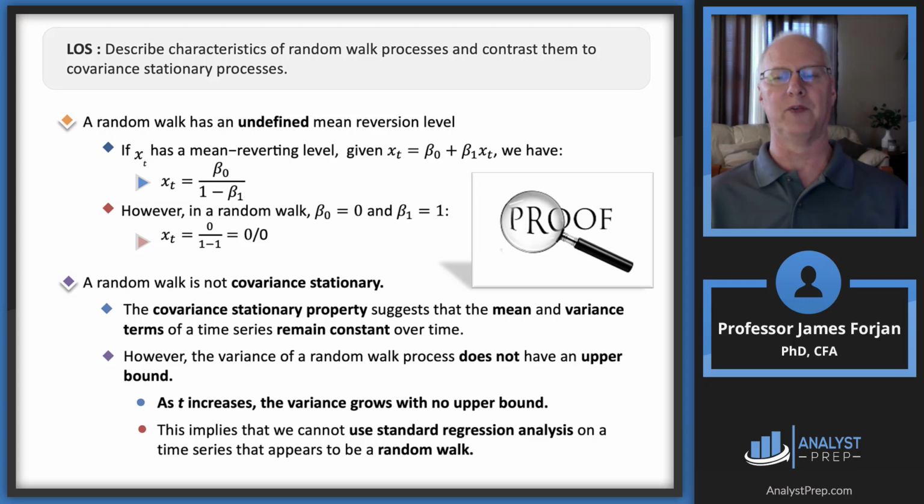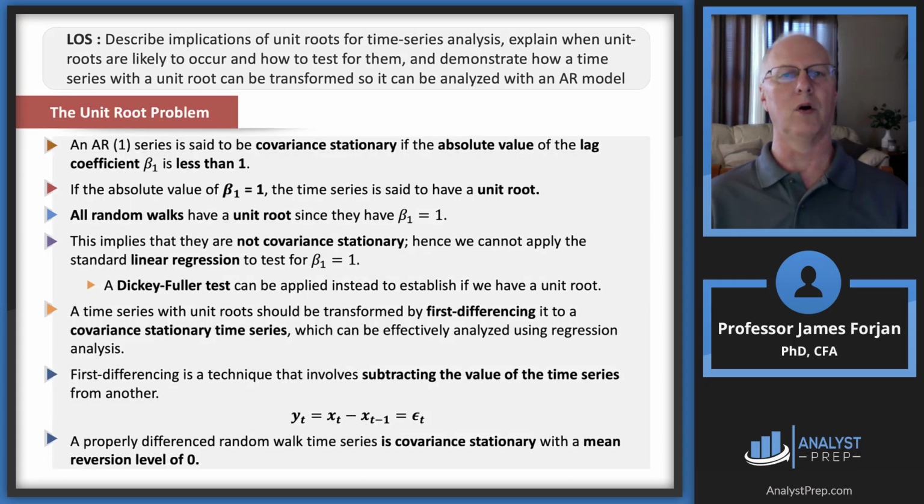What this tells us is that the mean and the variance of a time series remain constant over time, but not in a random walk. It's because the random walk process does not appear to have an upper bound. In fact, it does not have an upper bound. Look at the last, kind of reddish bullet point. This implies that we cannot use standard regression analysis on a time series that appears to be a random walk.